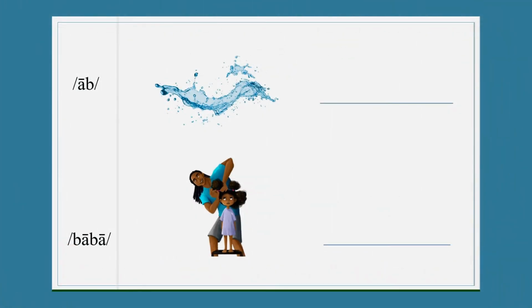Okay, now is the time for the example. The first example for B is water. Ob, ob. So we write A in the beginning of a word, and then comes B at the end. So we write it longer than the usual B with a dot underneath. Then the next word is baba, father.